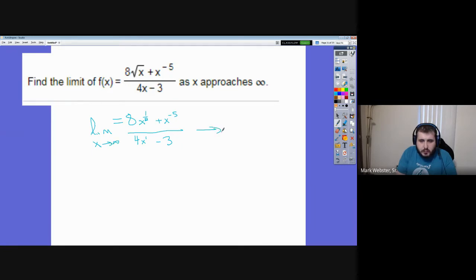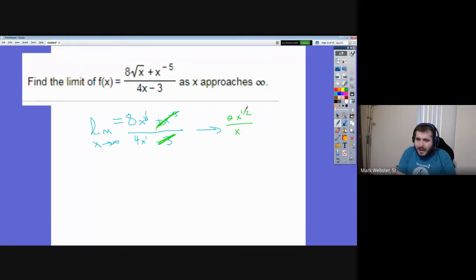And so this is going to approach, well, let's get rid of the smaller x terms. This -5th, that's not as big as 1/2. We can just get rid of that. This doesn't even have an x, so that's not going to go anywhere. This is what we're looking at, right? So let's look. We got 8/4. We can even simplify that if we want to. We've got 2 x to the 1/2 over x.